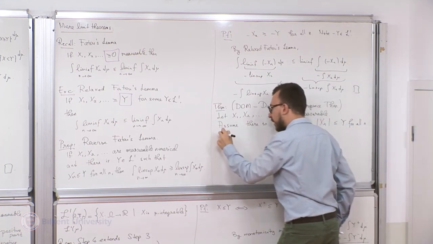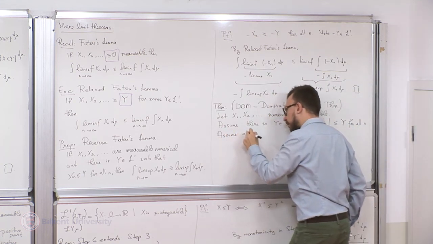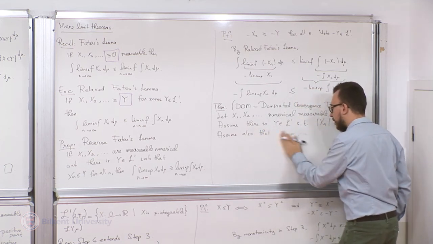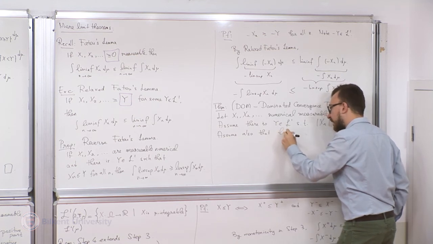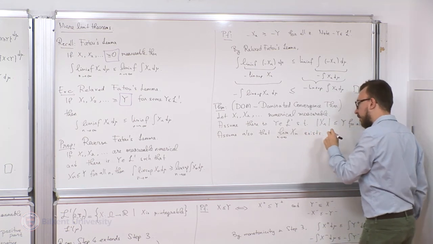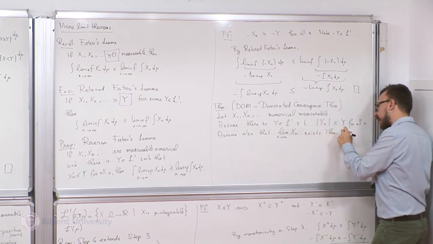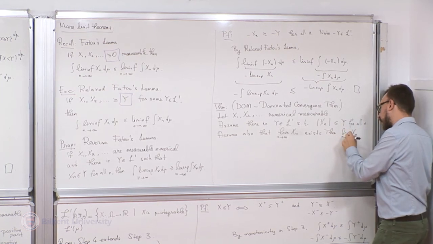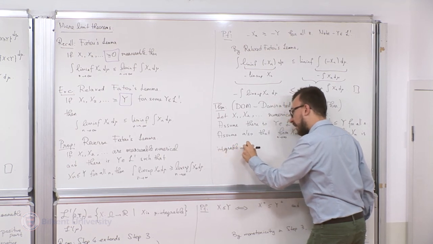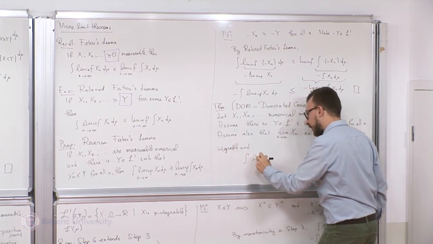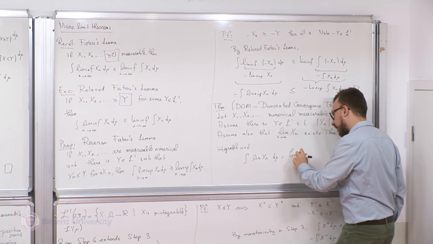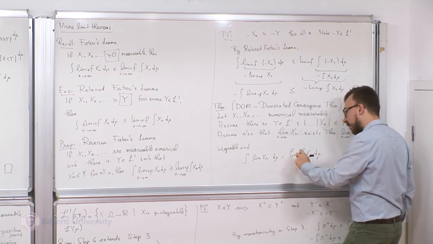And furthermore, assume also that the limit of xn's exists. Then this limit is integrable, and its integral is given by the limit of the integrals.